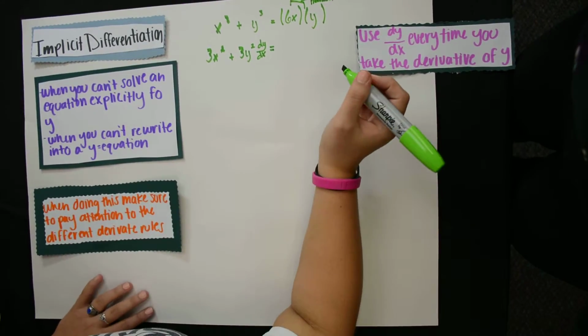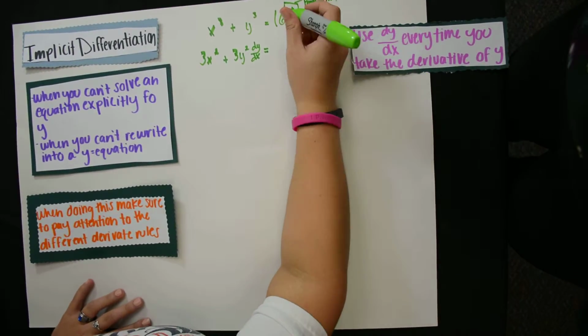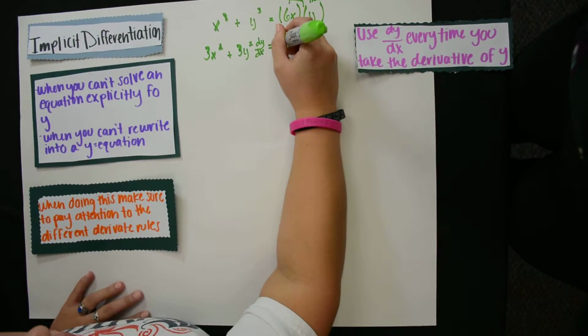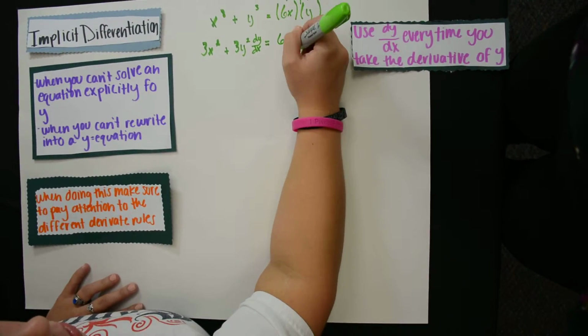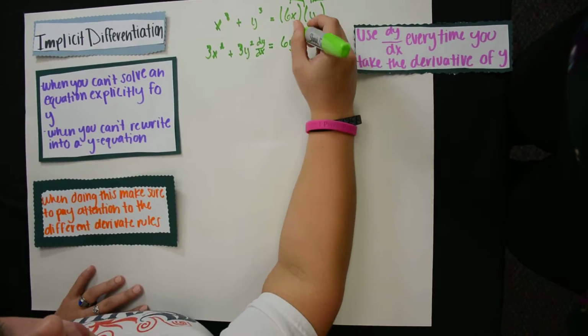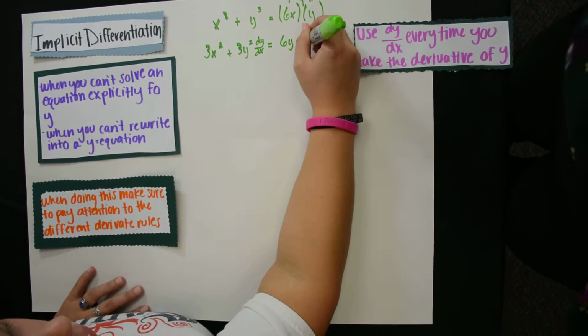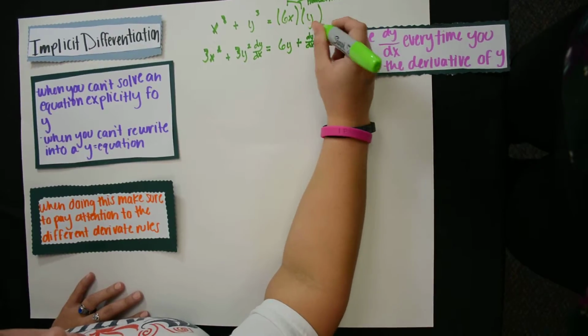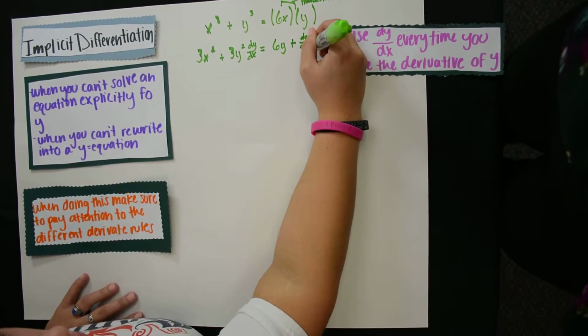So we have our f prime, which is 6, times g, which is y, plus g prime, which is dy/dx, times f, so 6x.